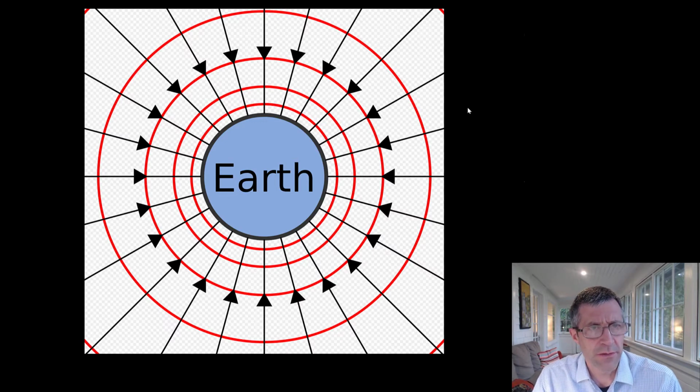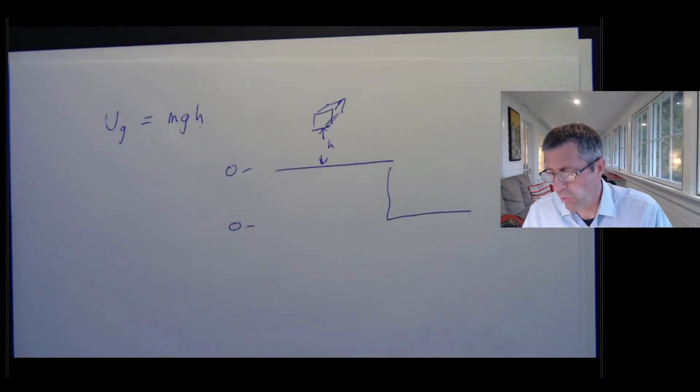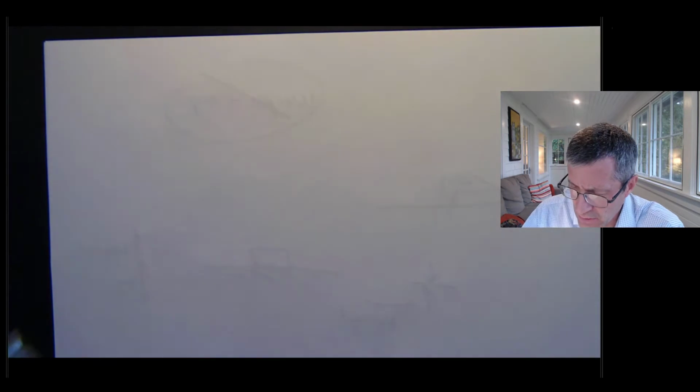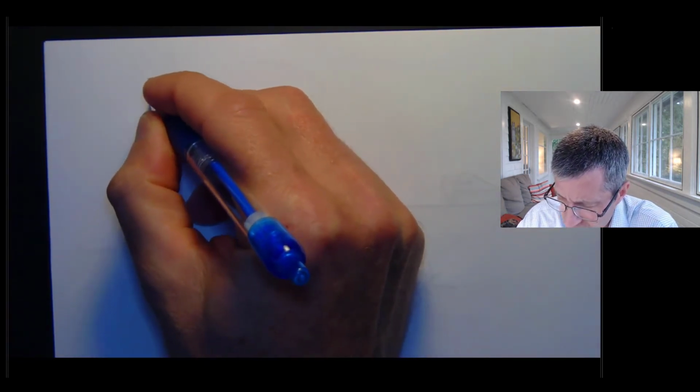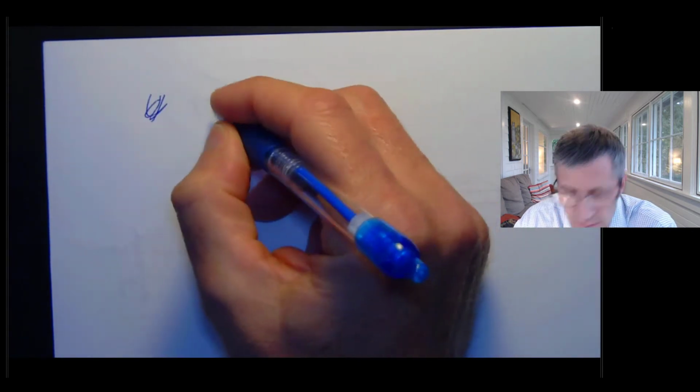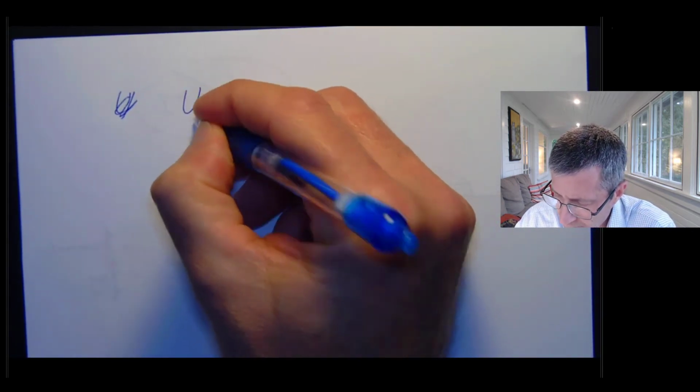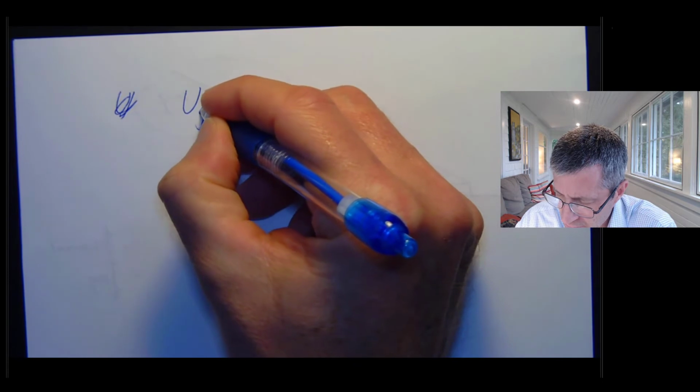The thing we want to get into is describing the gravitational field in a way that doesn't depend upon being on the surface of the Earth. So in this case, we're going to describe a gravitational field, starting with gravitational potential energy.